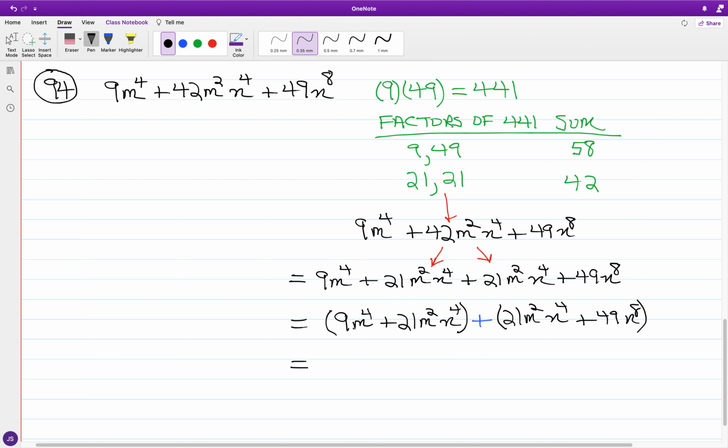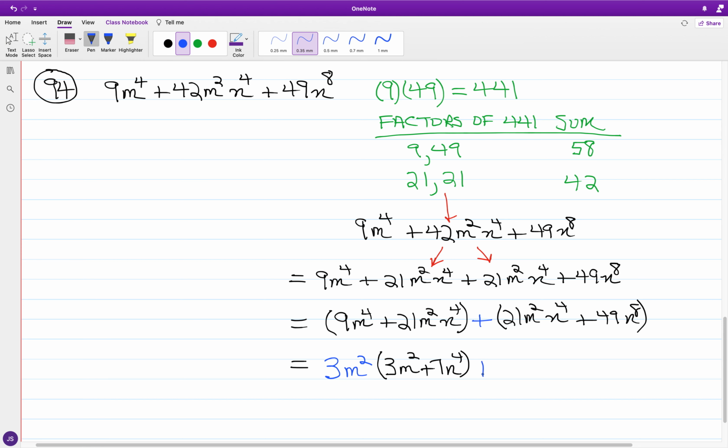We have 3 will go into both 9 and 21, and we have m squared also factored in. So the greatest common factor here is 3m squared. For the first group, this will be 3m squared plus 7n to the 4th.